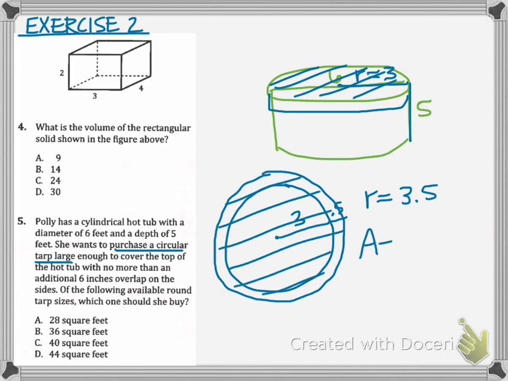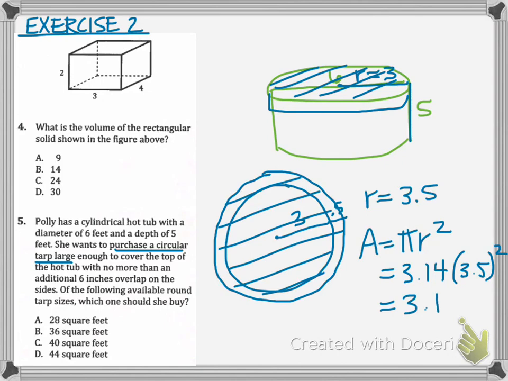So area of a circle is pi r squared. We don't have pi in any of our answers, so we need to replace it with 3.14. So 3.14, radius is 3.5 squared. We just need to simplify this. So first, 3.5 times 3.5 is 12.25.